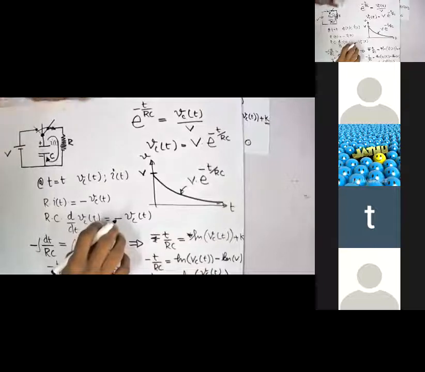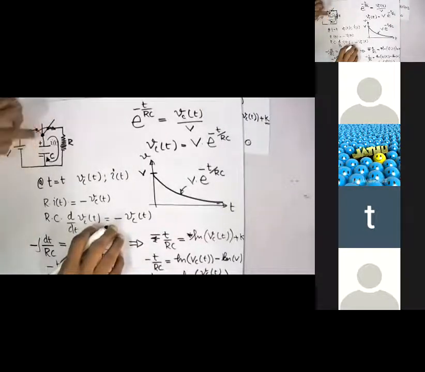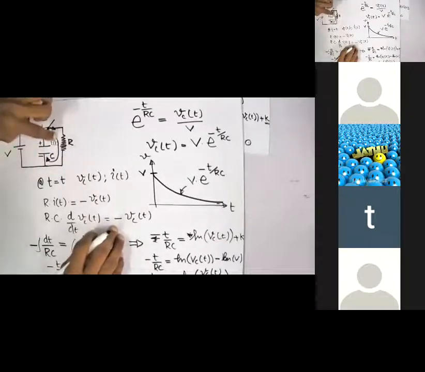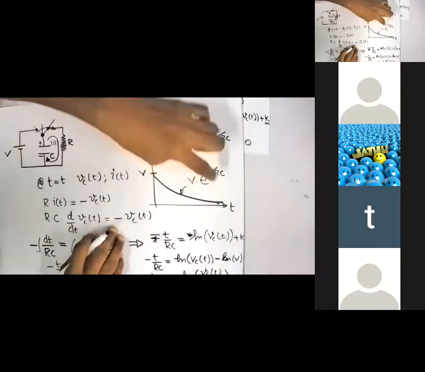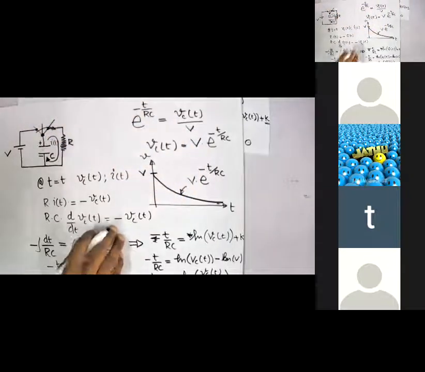So whenever you fully charge the capacitor and you are discharging it across a resistor, the transient current will be V, which means the initial voltage, into e to the power minus t by RC. Again, time constant tau equals RC. So at t equals tau, you can find out the current as well.